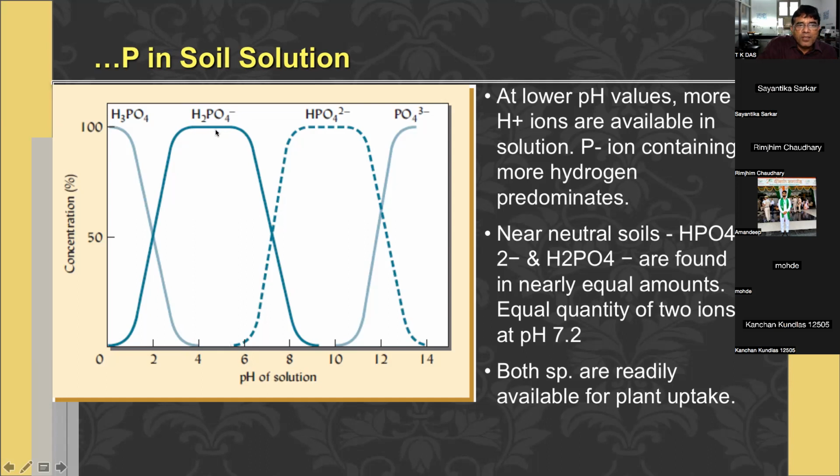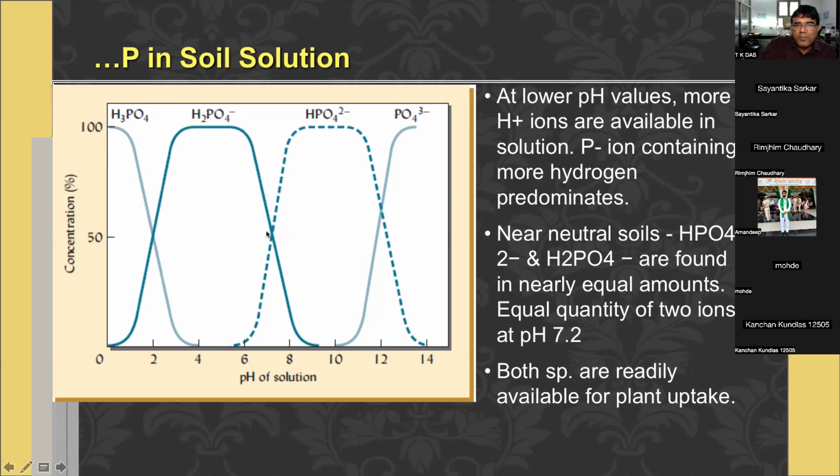At this point, you do not have much of the HPO4 and much of the PO4. You can see they are crossing here, HPO4 and H2PO4, and this pH may be 7.2.